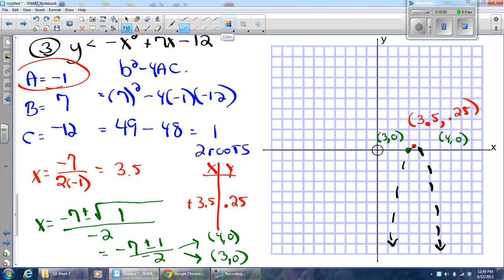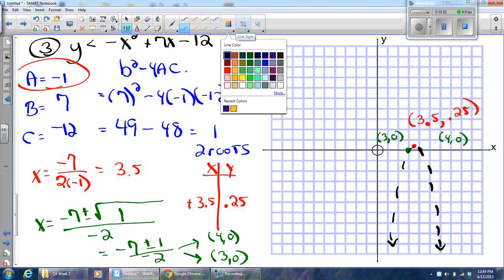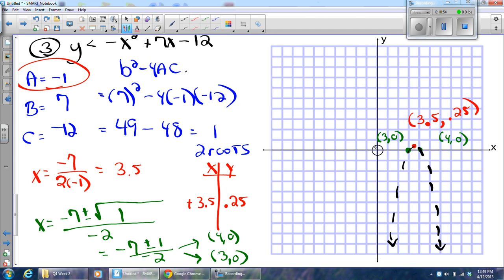Now it is an inequality, so one more time I have to use a test point. I'm going to plug 0 in for y and 0 in for x. And I get the statement that 0 is less than negative 12. Not true. I will not shade where my test point is. I'll shade where it isn't. It's not inside the parabola.